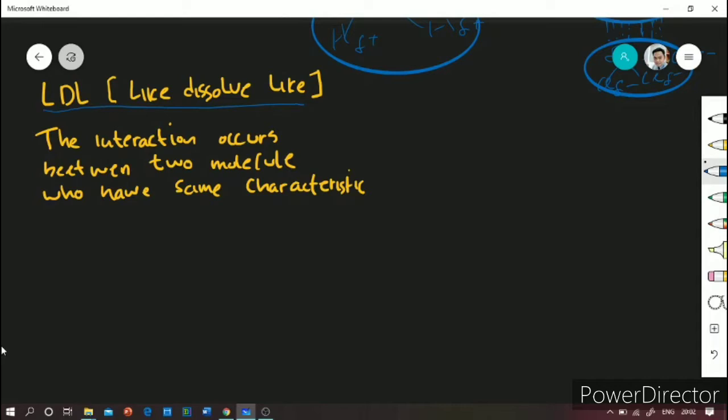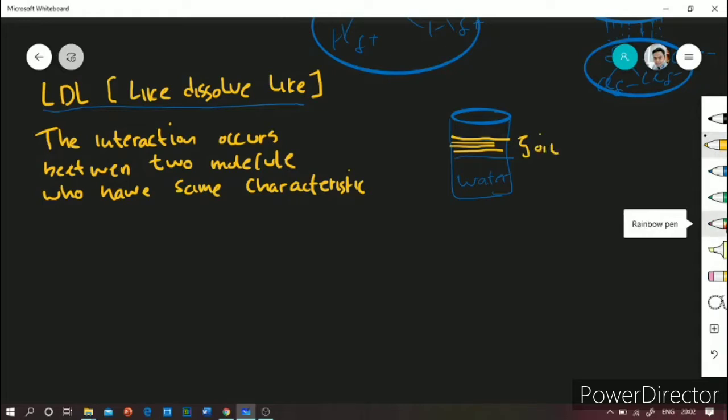Remember when you were in primary school, if you have water and you put oil in it, you mix them, the oil will not be able to mix with water. Now we can explain this phenomenon using like dissolves like.